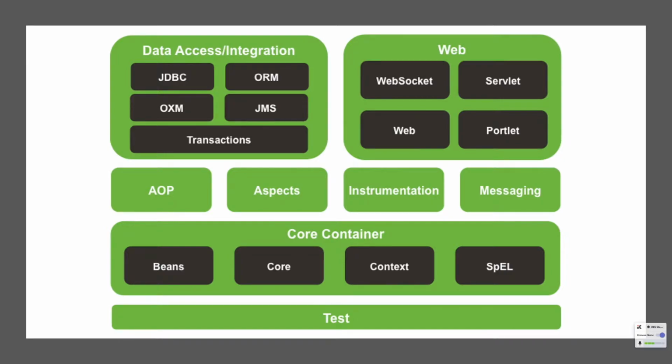Context means that beans have a life cycle. By default, Spring beans are singletons, but you can change to another life cycle, whatever you want. So for example, if you use Vaadin, we have other scopes like UI scope, session scope, or route scope, for example. So this defines the life cycle of the bean.